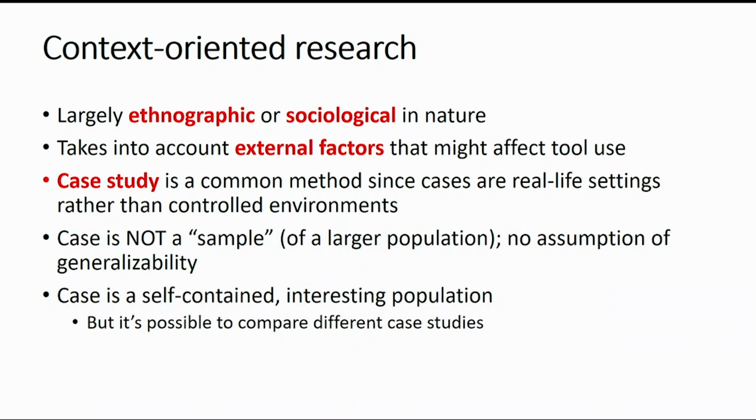One common way of conducting context-oriented research is the case study, which was already discussed. Cases are real-life settings rather than controlled environments, so it's not an experimental lab setting, but more of an observational study of what's actually happening in a workplace setting.